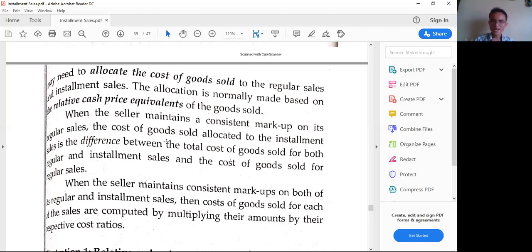So how do we adjust them to become cash price equivalent? Remember, the selling prices for the latter two types of sales, account sale and installment sale, are a percentage higher than the cash sale prices or relative selling prices.